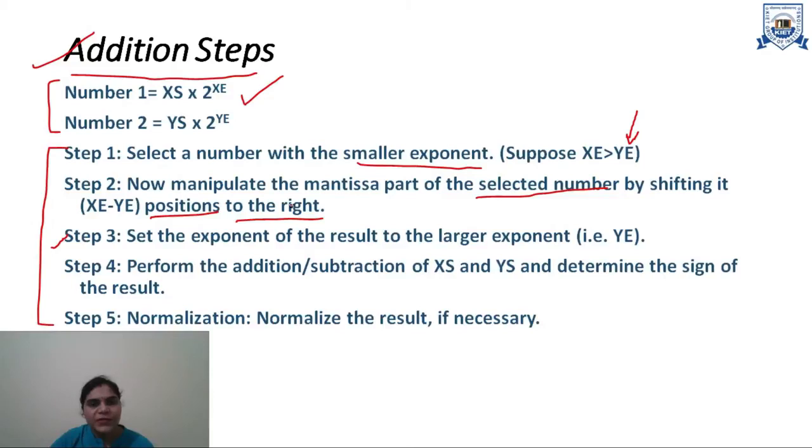This process is called significand alignment. Next step is to set the exponent of the result to the larger exponent. The larger exponent will be the result's exponent.